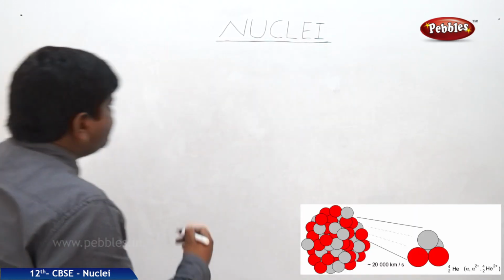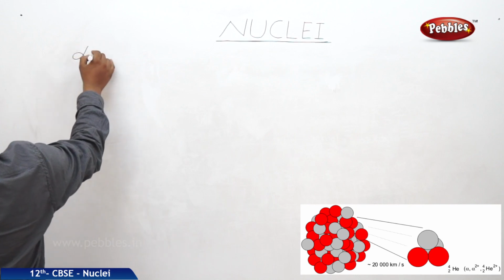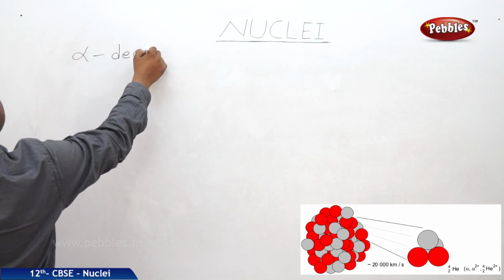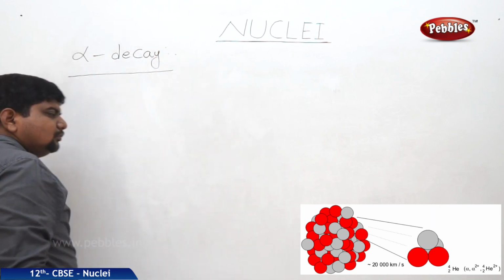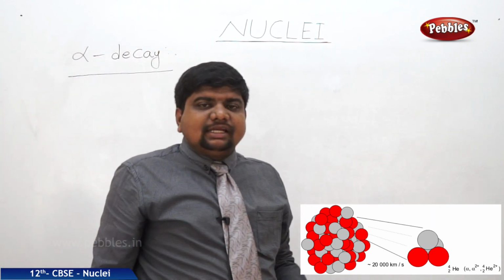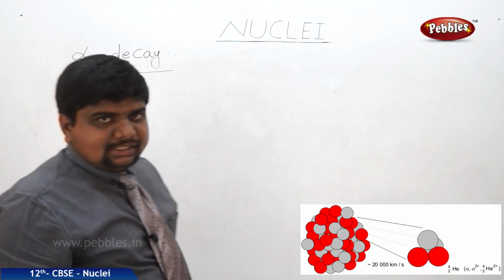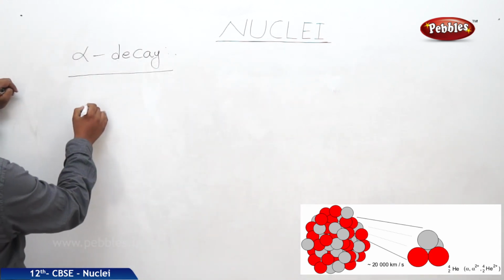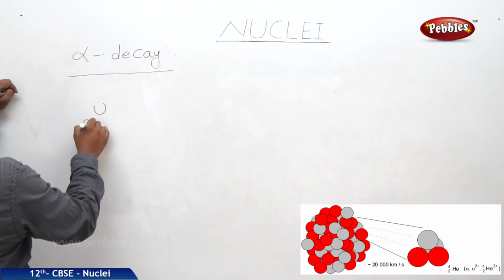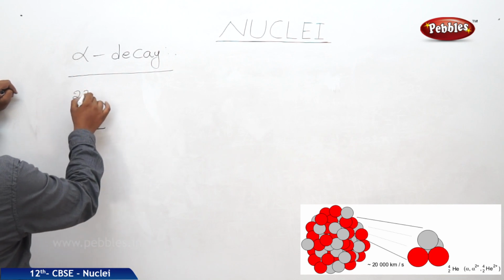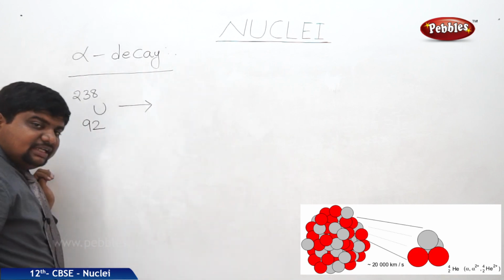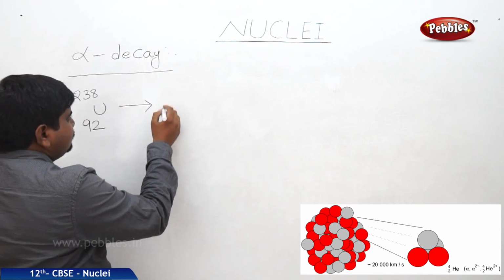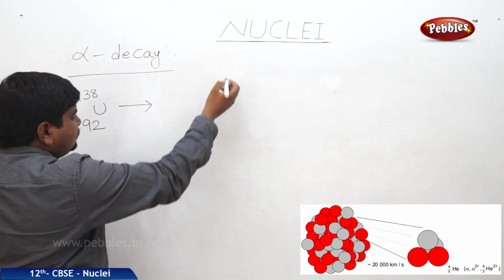Now we will see alpha decay. What is alpha decay? Releasing of a helium nucleus. Suppose uranium 92 238. After the alpha decay, it becomes, what is alpha particle?